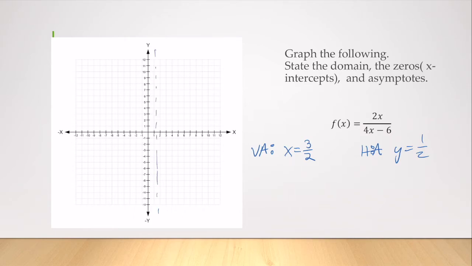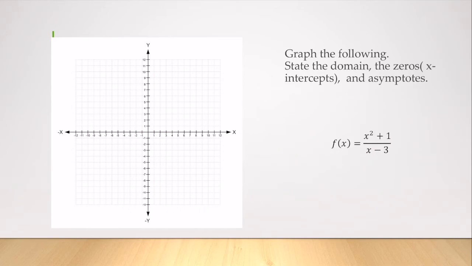Here's my horizontal asymptote, y equals 1/2. That's where my graph cannot cross. To find my y-intercept, I let x equal 0. F of 0 equals 0 over 4 times 0 minus 6, which just gives us 0. So here's my y-intercept when x is 0, y is 0.